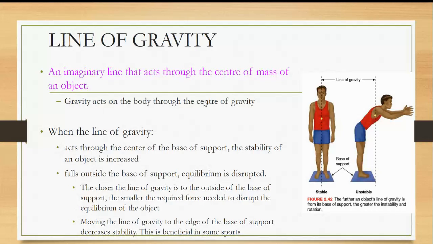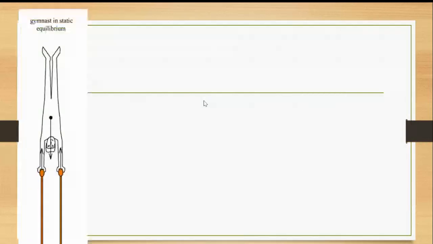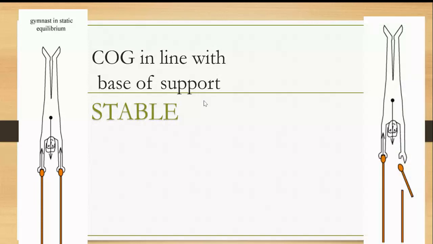Okay? So there are reasons for wanting to decrease stability. But before we get to that, just have a look at what happens when a person becomes unbalanced. You can see, as I've explained already, the center of gravity is right in line with the base of support. Okay, so they are stable, they have equilibrium. Whereas this person, one of the beams has unfortunately snapped. And what that means is this person's base of support, because remember the base is the parts of the body which are in contact with the thing that is supporting them.